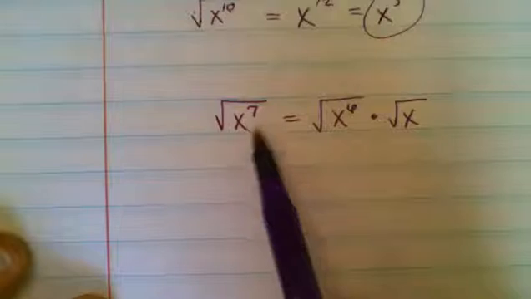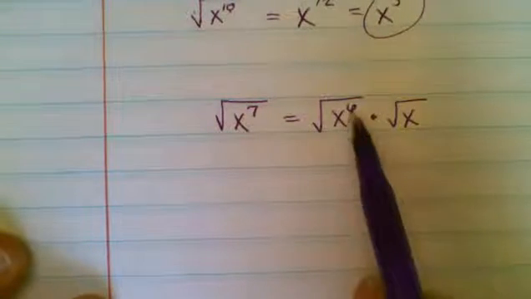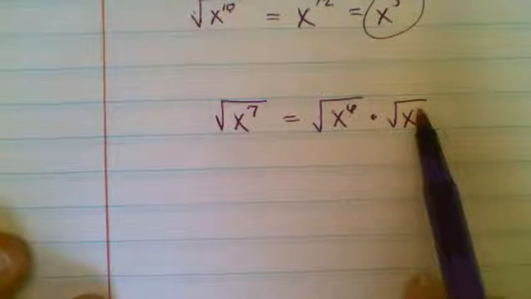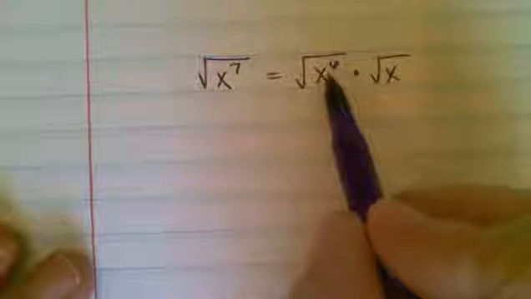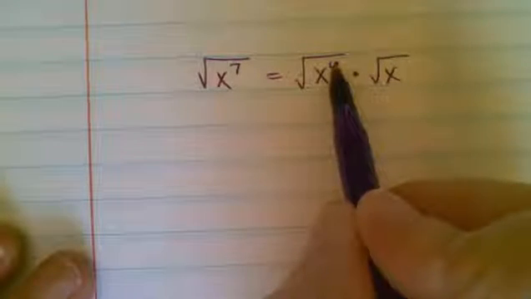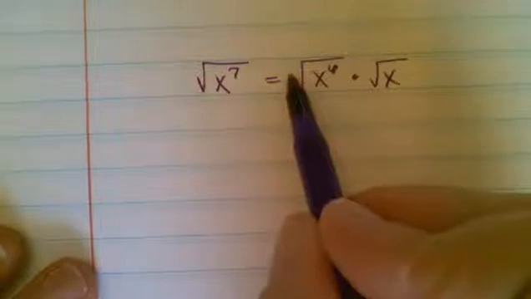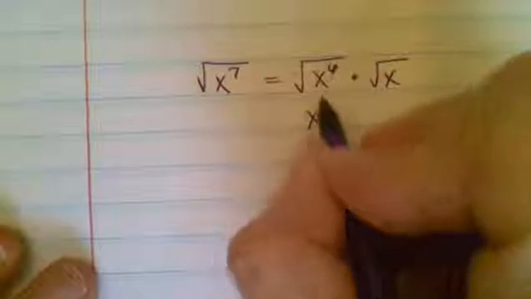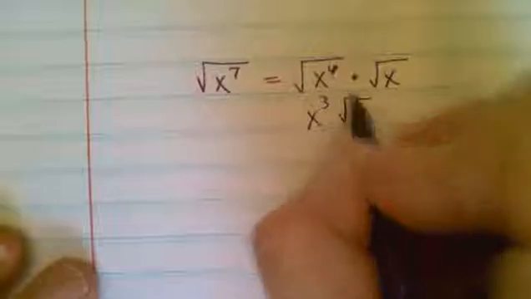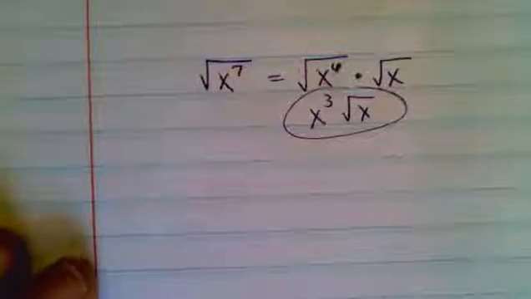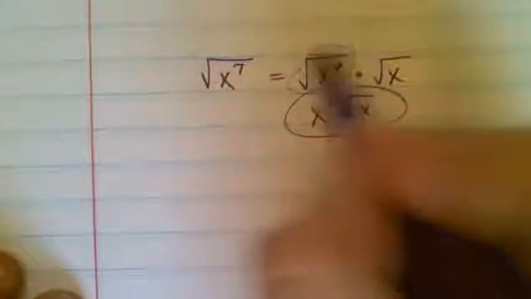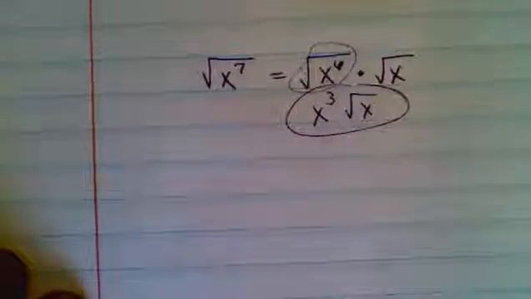So I just broke up the x to the 7th into x to the 6th and x to the 1st. And so now, again, all I need to do to simplify this is I'm really just taking my exponents and dividing them. So I'm going to take x to the 6th divided by 2 power, which is x to the 3rd. And I have to leave the square root of x. So I could simplify this one. I can't simplify that one.